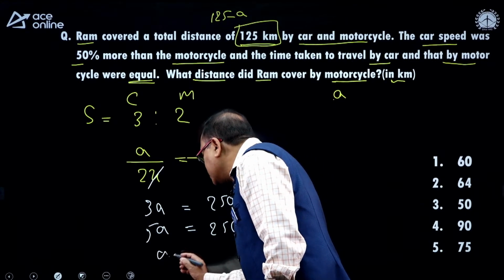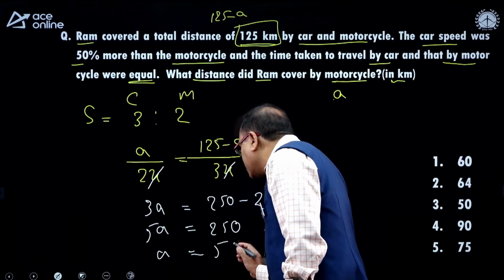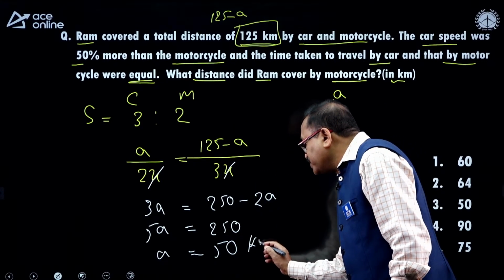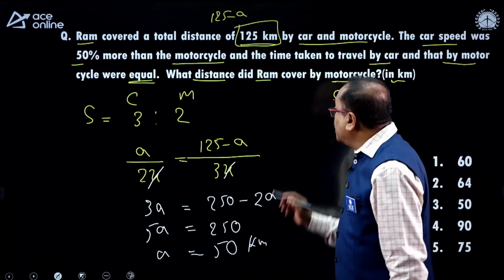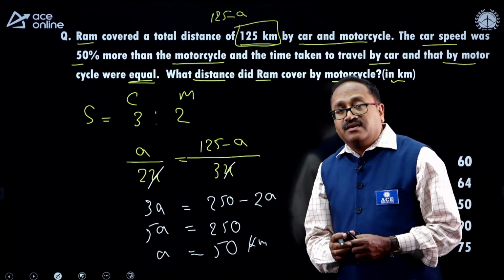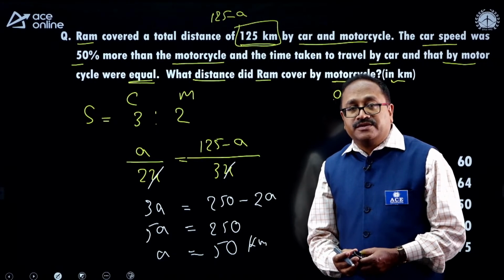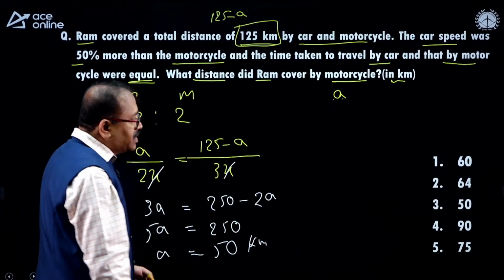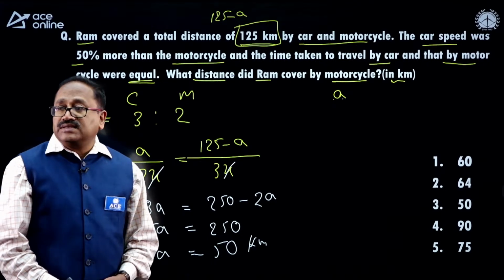Please tell me what is a? The a is equal to 50. And what is this 50? That is 50 kilometer. And what is a? The distance travelled by motorcycle. That is what the question was. So, the distance travelled by motorcycle is 50. Your option choice is 3.